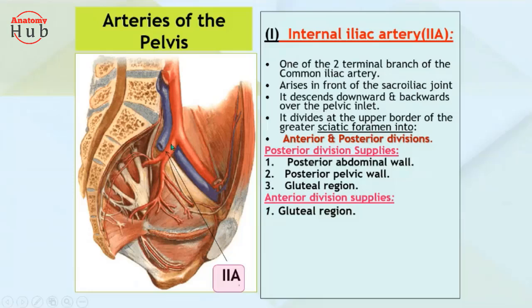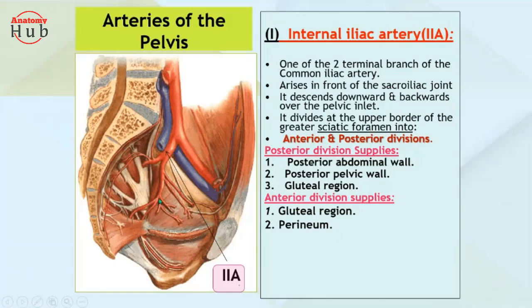At the posterior division, some branches go in this way, some superior branches are coming, but here it comes downward and again goes towards the gluteal region through the inferior margin of the piriformis muscle. So it also gives branches to the gluteal region. Also, it gives branches to the sciatic nerve. The sciatic nerve also gets blood supply from this internal iliac artery.